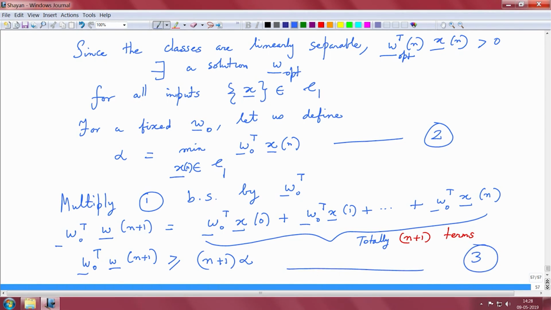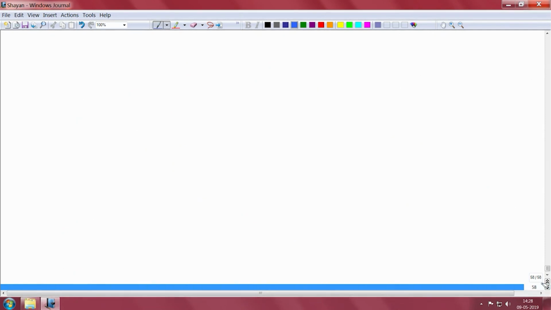Now, what we have to focus on is we have to somehow relate this in terms of the norms. So, we have to bring in another inequality called the Cauchy-Schwarz inequality.